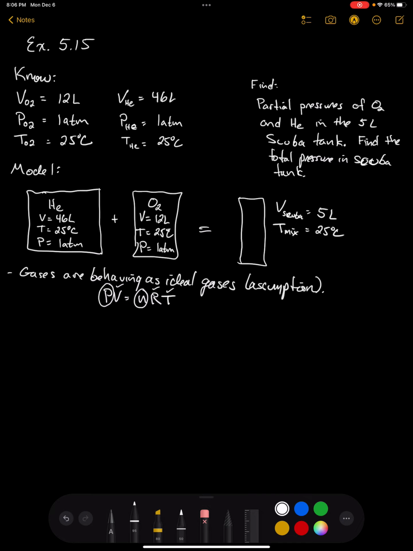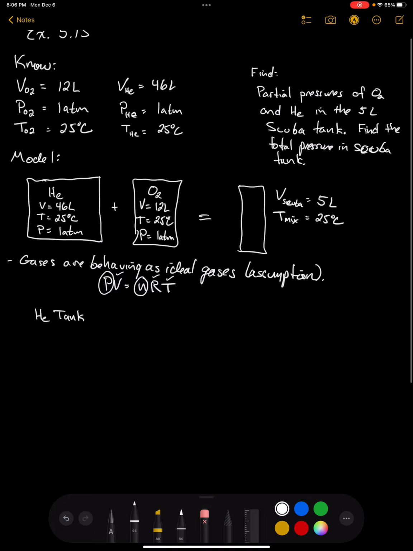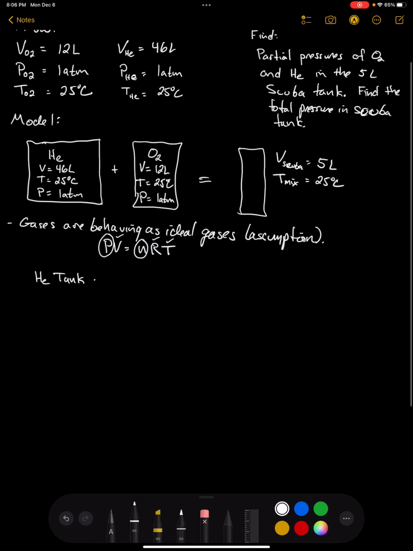But if I recognize that I have a helium tank, and in my helium tank, I can also say that the pressure of the helium times the volume of the helium equals the number of moles of helium times the gas constant times the temperature of the helium.